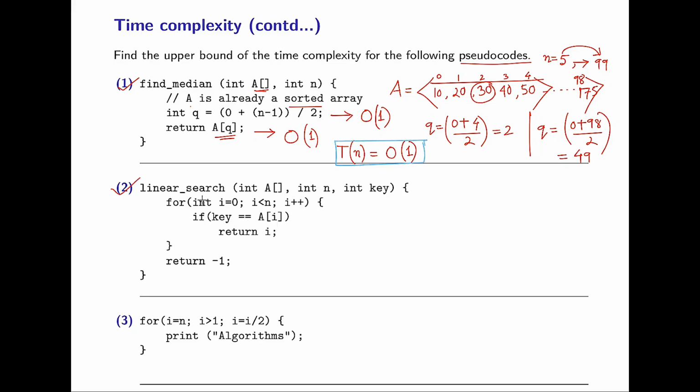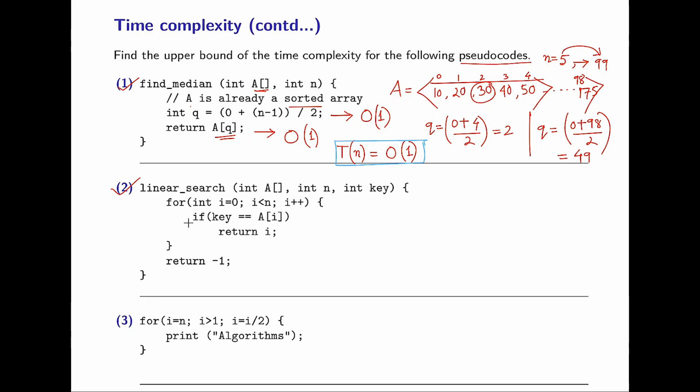So now for example 2, here there is a loop. So directly we will focus on the loop, because the time complexity will be decided by the statement or statements inside the innermost loop.